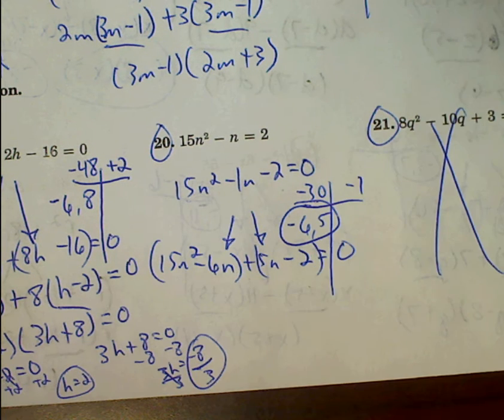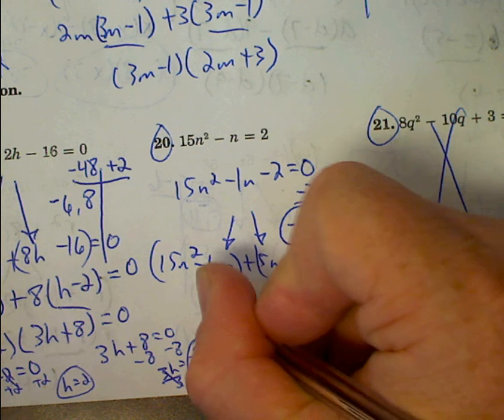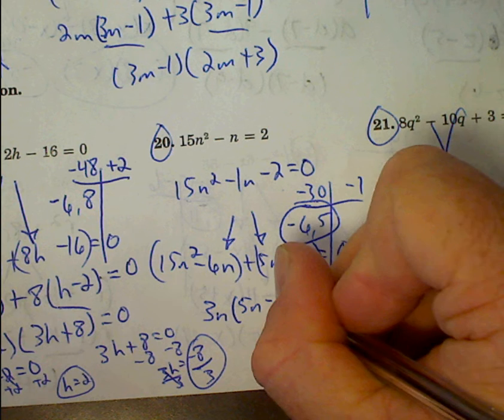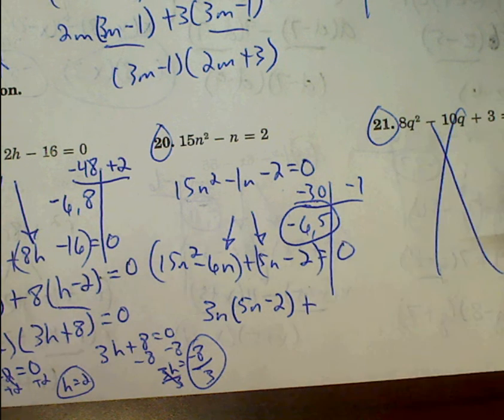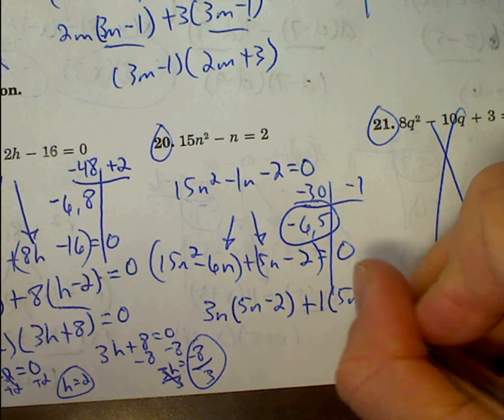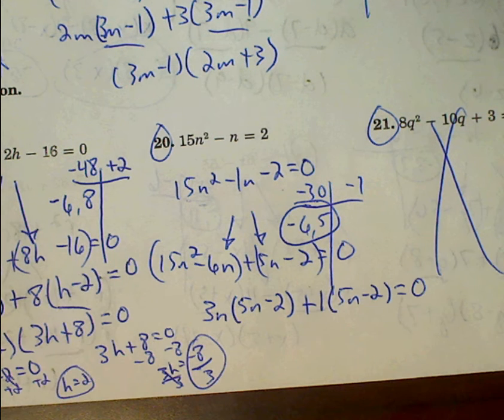Now I can group. I can divide by 3 and an n, so that gives me 5n minus 2. Bring down the plus. I can't take anything out, so I can always take a 1 out. I'm left with 5n minus 2 equals 0.